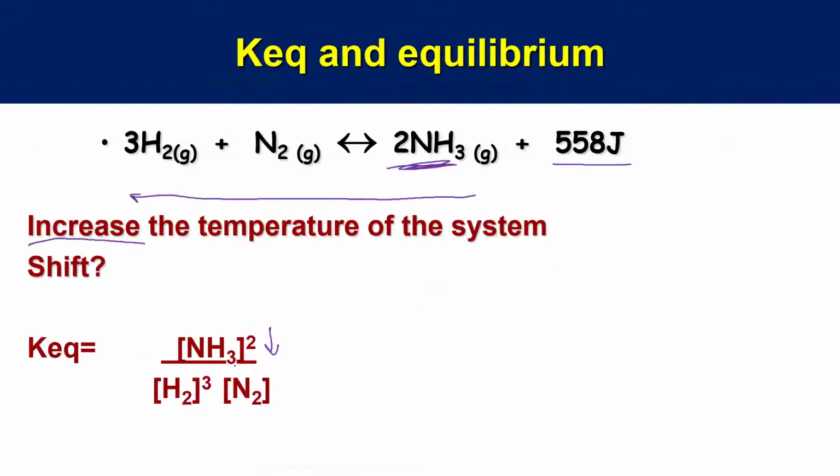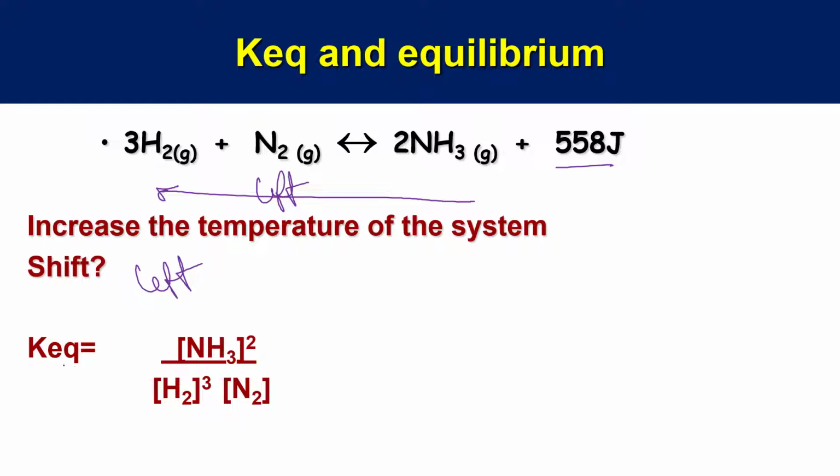Check out what winds up happening. Let's say we stress the reaction by increasing the temperature of the system. So we've seen this before. We have an exothermic reaction here. By increasing the temperature, this is going to cause a shift to the left. If we remember, at its heart, the Keq is a mathematical ratio here.